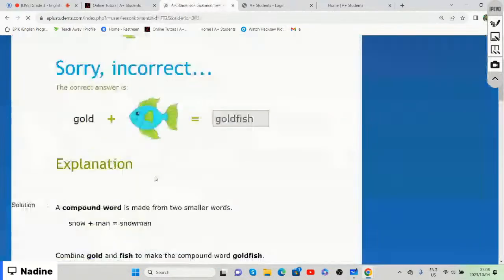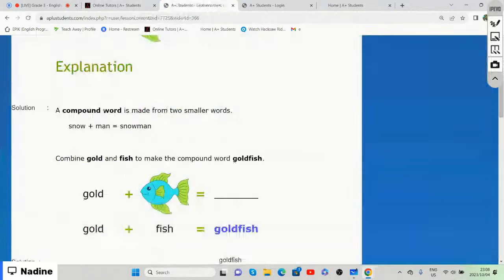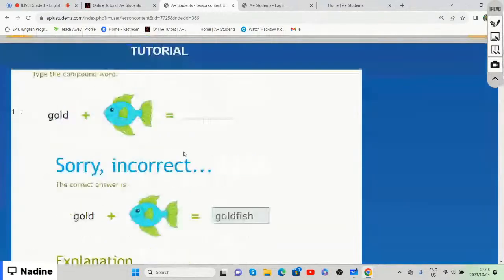Once again, a compound word is made up of two smaller words, and we made an example of snow plus man, which is snowman. Now we're going to type the compound word by using the word plus the picture that we see, right?